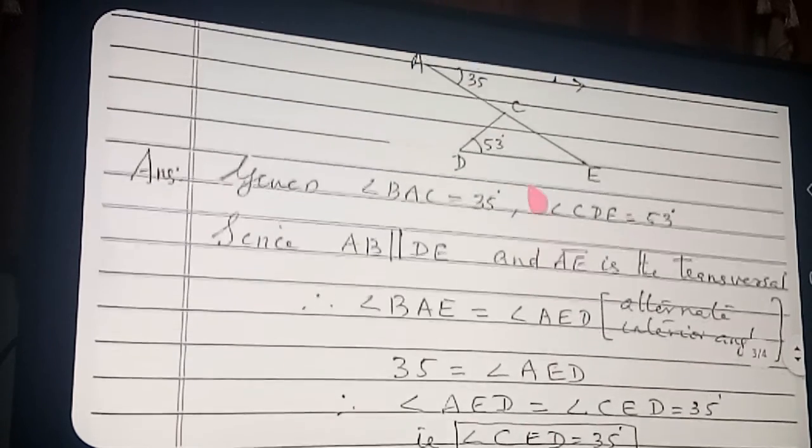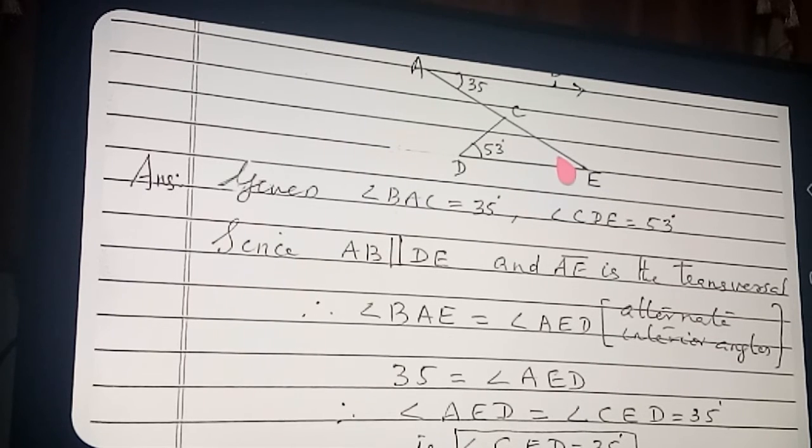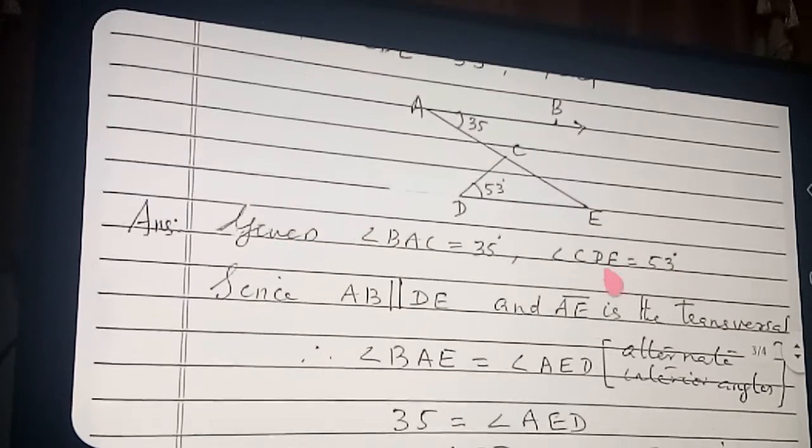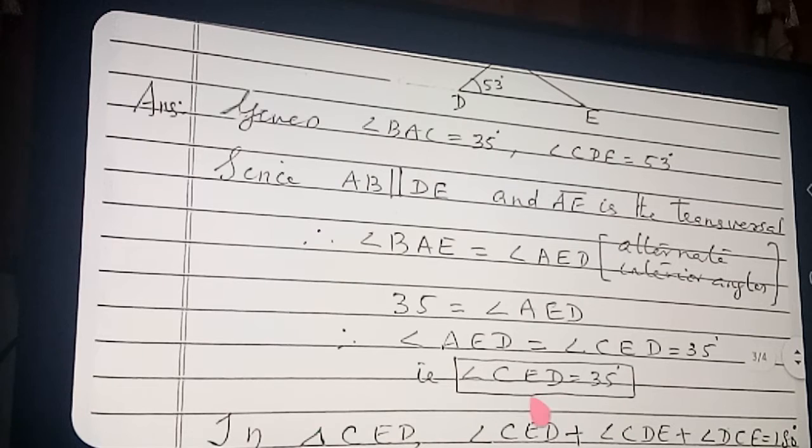You got 35. See here, this angle CED, how much did you get? 35. Now, are you able to find out DCE? That is your question. See the question: find angle DCE. Clear? So CED we got as 35. Okay?